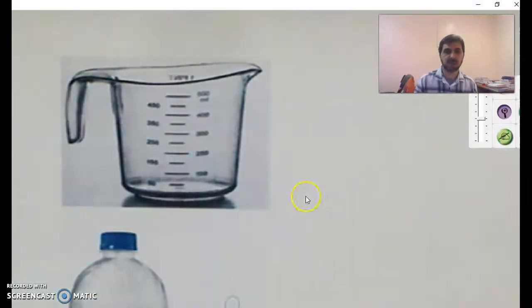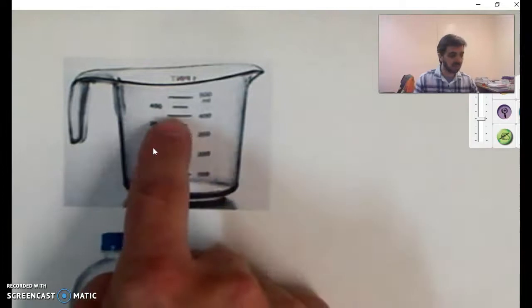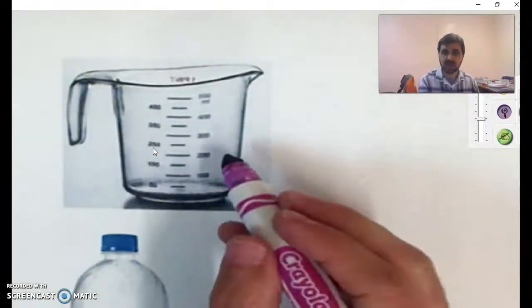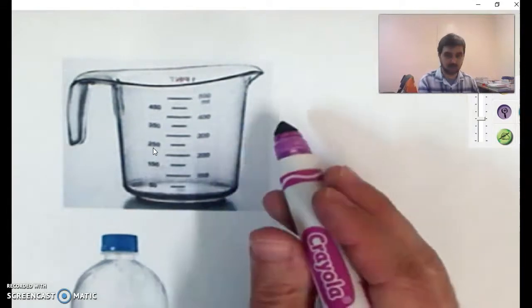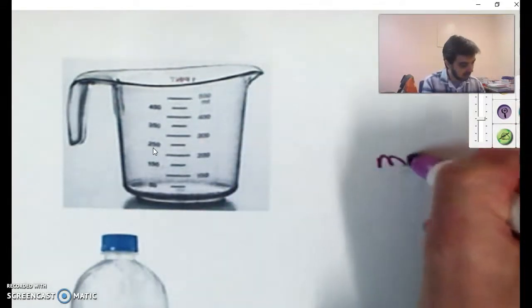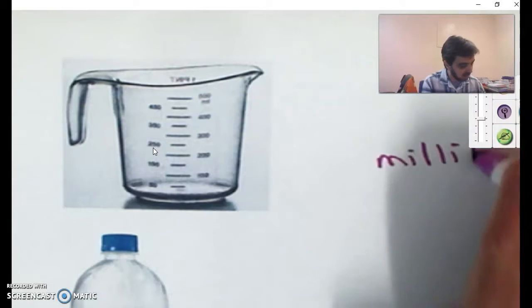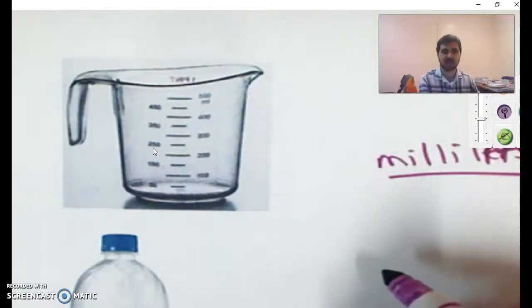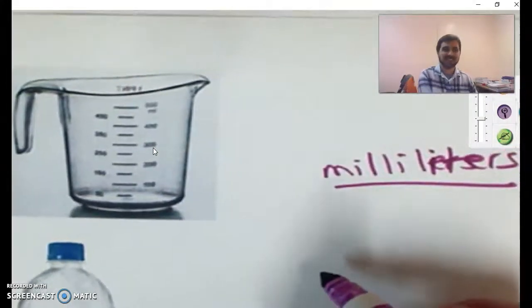All right, so boys and girls, here you can see this is another measuring cup, but this actually measures in what's called milliliters. Milliliters.